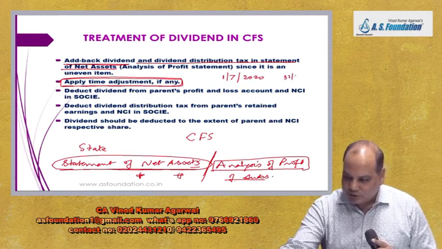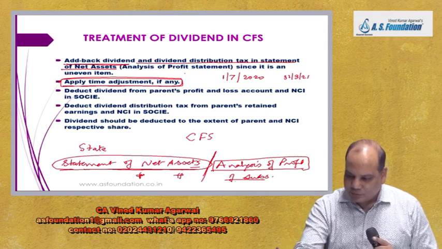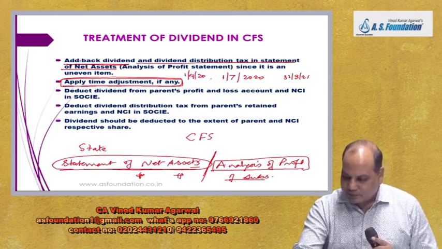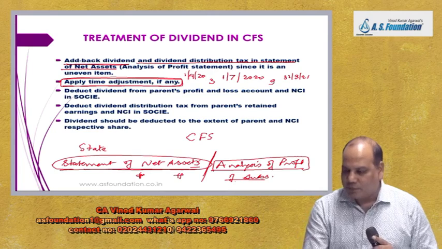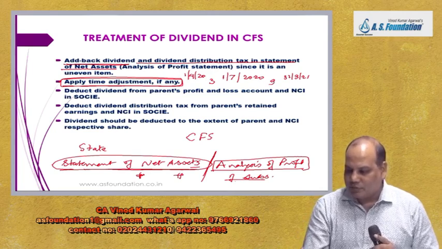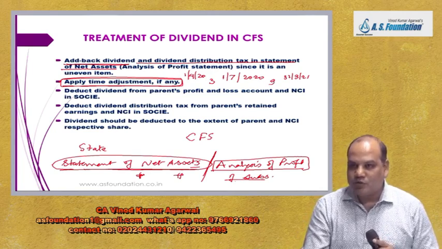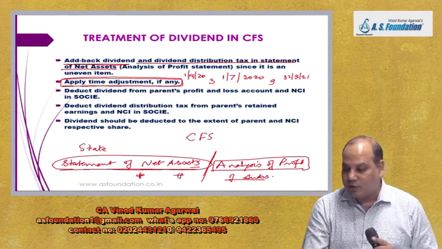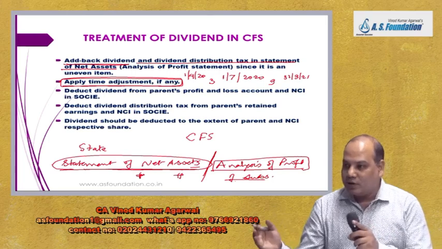Year ending date is 31st March 21. Beginning of the year was 1st April 2020. Which means the current year profit of the subsidiary should be apportioned in the ratio of 3:9. So we have to do the adjustment for the 3 months and 9 months.